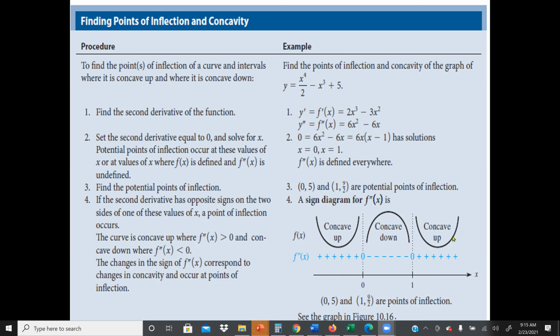Then from down to up, it's called the relative minimum. So again, 10.1 and 10.2, be careful not to confuse both. Point of inflection means we have to use the second derivative, and the steps are the same. Relative maximum and minimum means we use only the first derivative to find the x points.